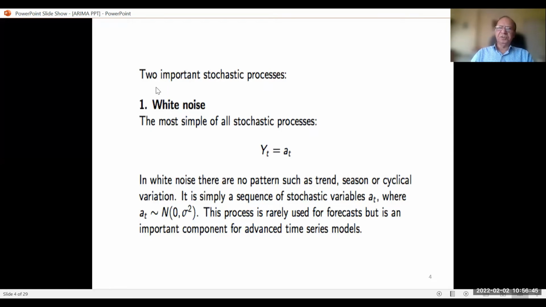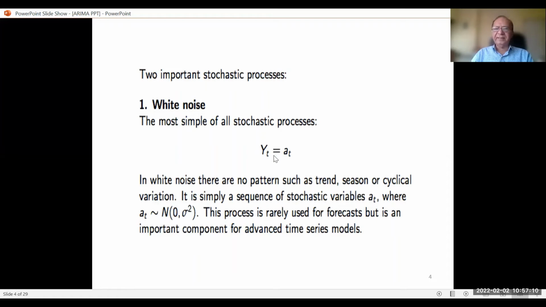We have two important stochastic processes. One is white noise. The simplest of all stochastic processes is white noise. In white noise, there are no patterns such as trend, seasons, or cyclic variations. It is simply a sequence of stochastic variables AT.